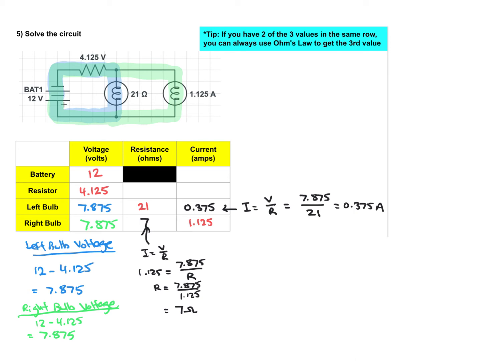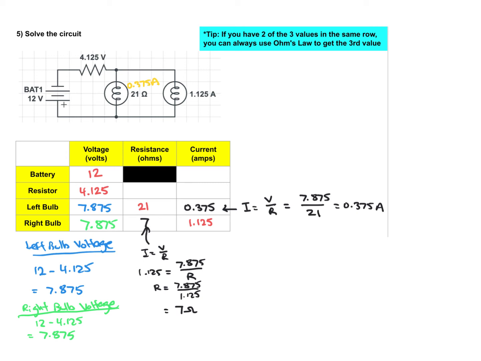I think if I can, clear, yeah, I can erase the highlighting in my circuit. And then I'm going to use yellow now. Okay, so what I just calculated, I'm going to label that in my diagram, 0.375 amps.